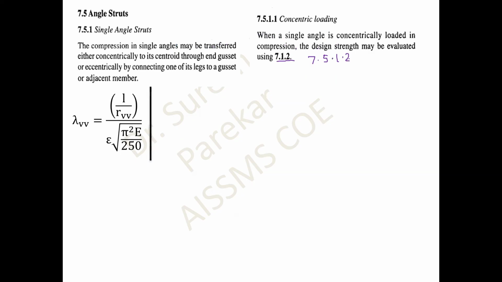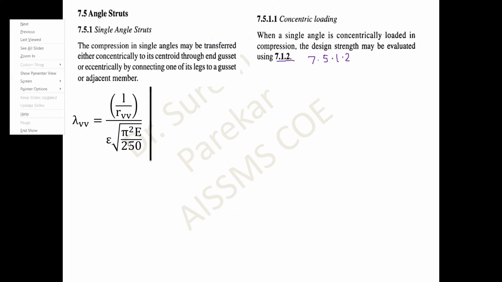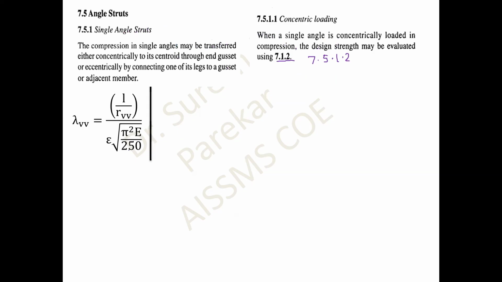In this, we have been given this formula, first lambda VV, L upon RVV upon epsilon pi square E upon 250. Now we can find epsilon, we know pi square E, and we can find these values. Now RVV, because we have four values of radius of gyration, and for a single angle section your value of RVV is minimum.